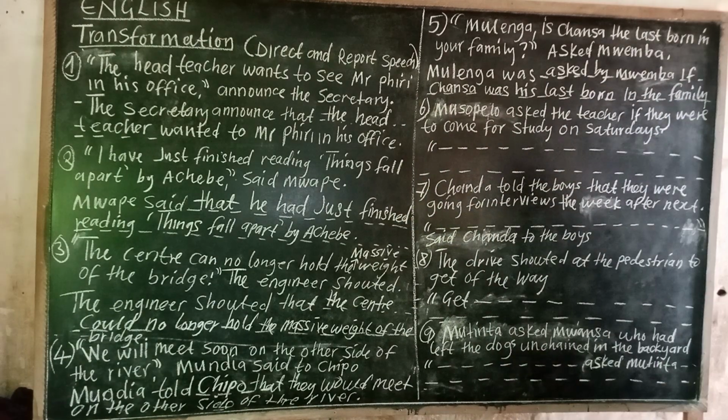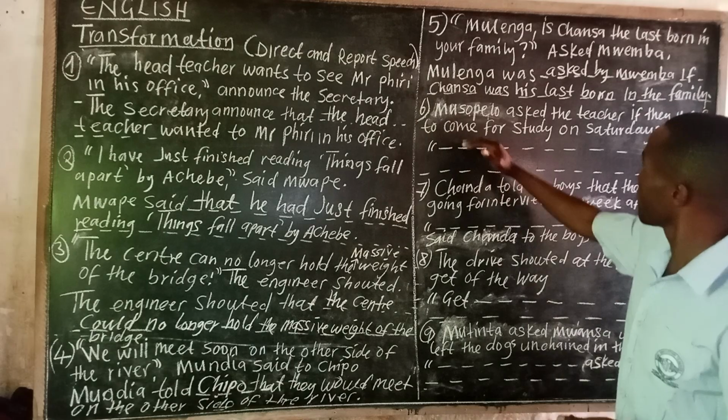Okay, so that is how you are going to report that speech. Okay, Mulenga, is Chansa the last born in your family? Asked Mwemba. Mulenga was asked by Mwemba if Chansa was his last born in the family. Full stop. That is how you are going to report. Okay? Then we go to another question.